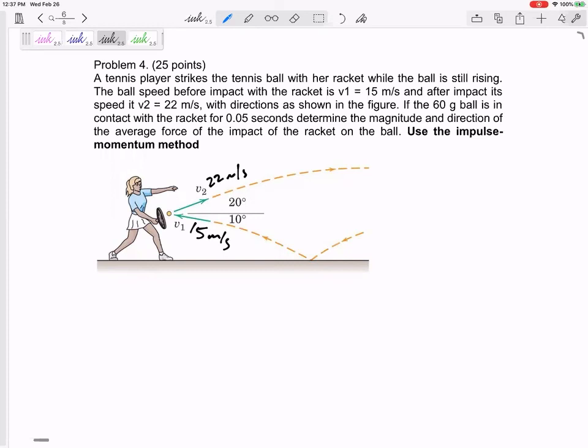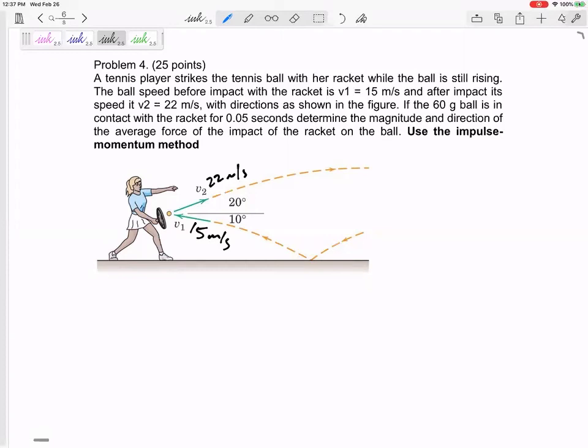If the 60-gram ball is in contact with the racket for 0.05 seconds. All right, we haven't done much of these. This is a good problem to do. So it tells us the time that the force is in contact with the racket. Determine the magnitude and direction of the average force of the impact of the racket on the ball.